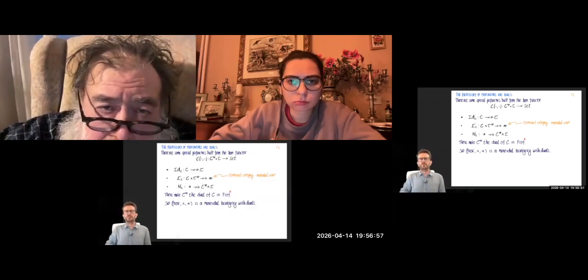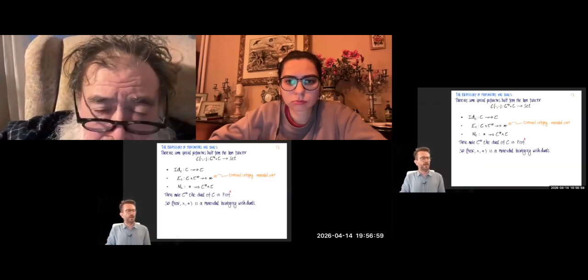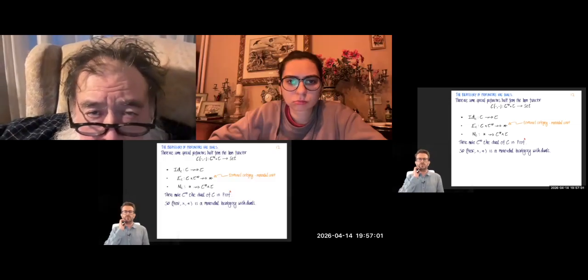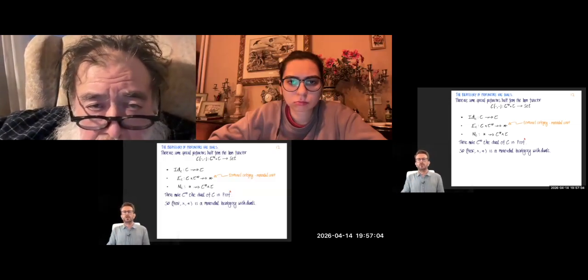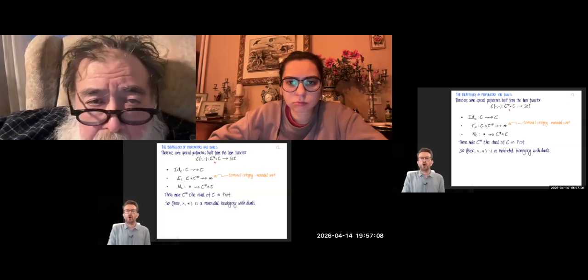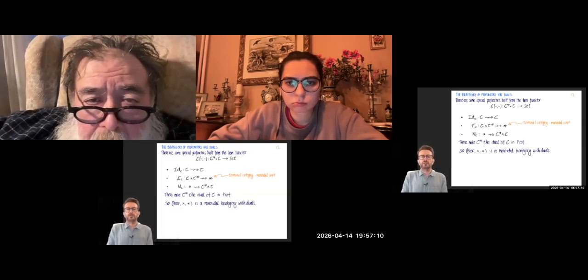Now let's give a few examples of some special profunctors. In particular, if we've got a category C, we've got the Hom profunctor, which I just write as C(-,-).